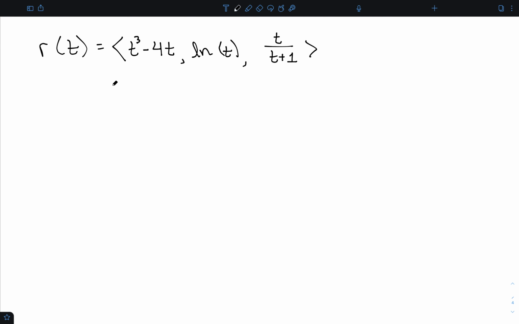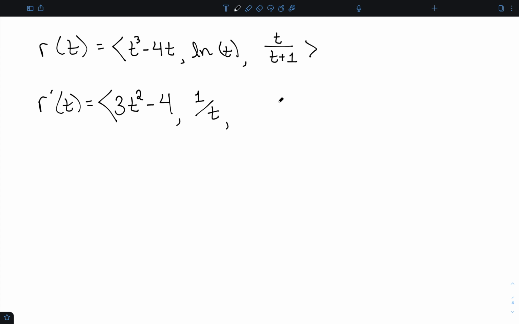For my next one, r of t is equal to t cubed minus 4t, ln of t, t over t plus 1. So for the derivative, I take the derivative of the first piece. The derivative of t cubed is 3t squared, and the derivative of negative 4t is negative 4. The derivative of the second piece, the derivative of ln of t, is 1 over t.